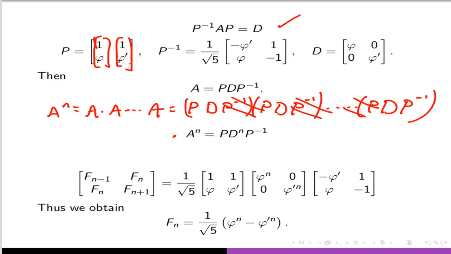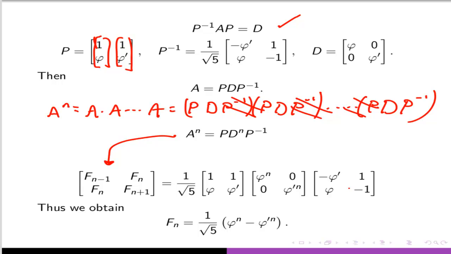And now A to the n power is the matrix of Fibonacci numbers. This is your matrix P, and the 1 over root 5 is actually coming from the inverse matrix. I just pulled it over to the side. So you've got P, D to the n power, which is a very easy calculation for a diagonal matrix, and this is your P inverse.